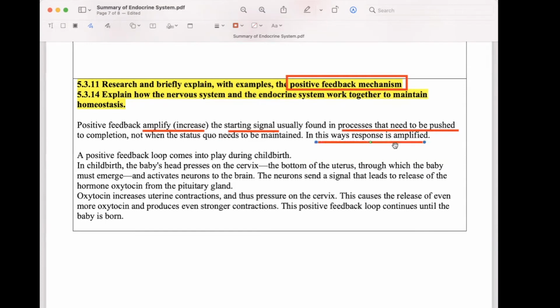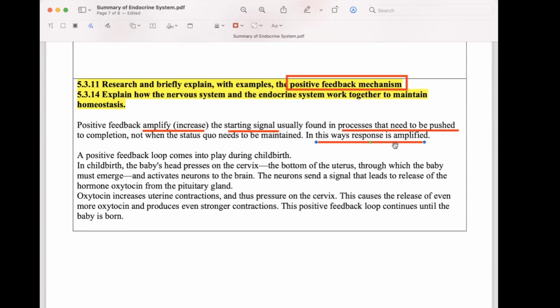Whatever you are doing, you will do it more, until the process is done. I hope you understand. It's just like a process in which the body amplifies the stimulus, and thus the response is amplified, the response is increased.